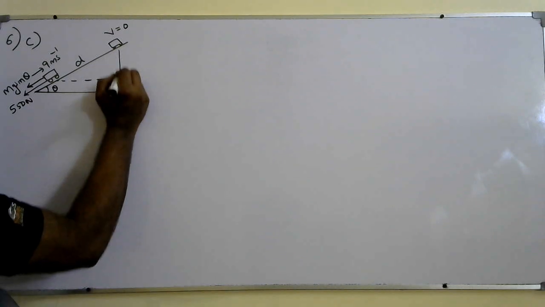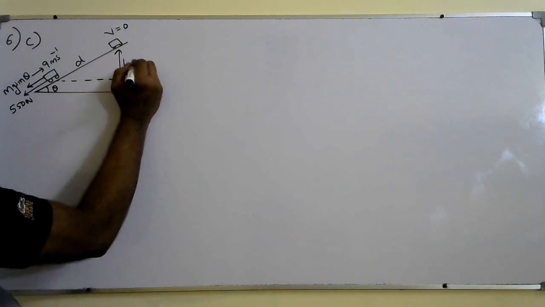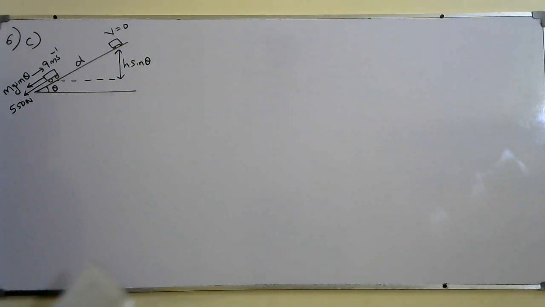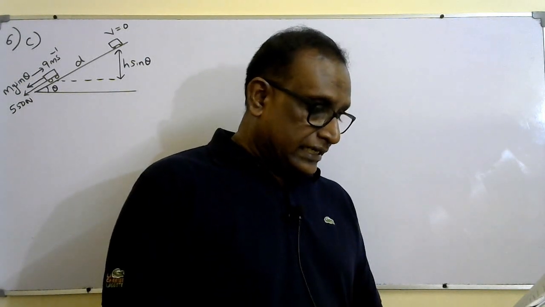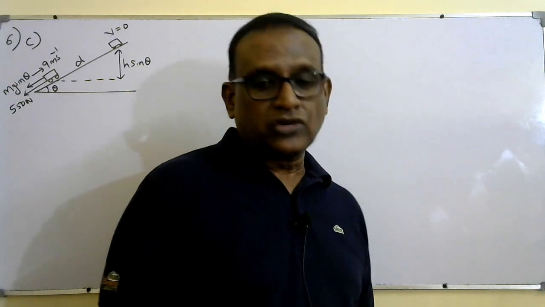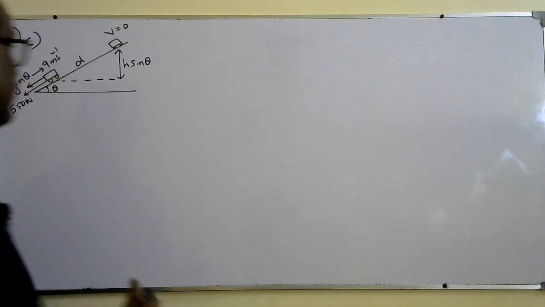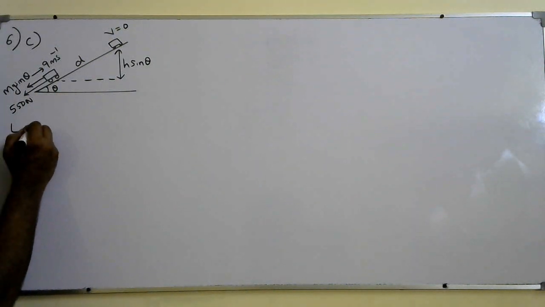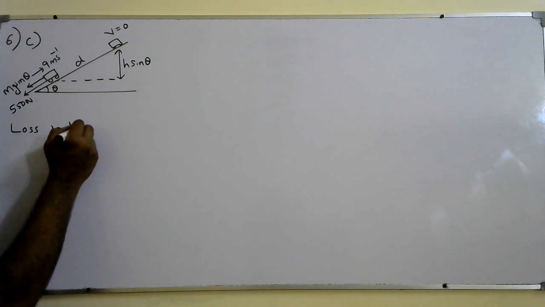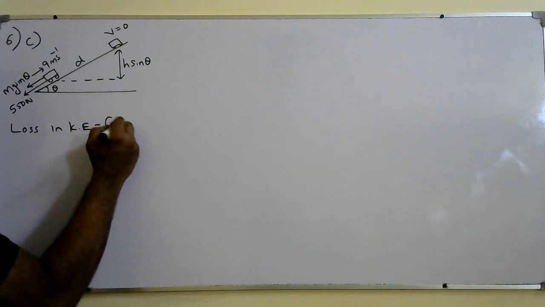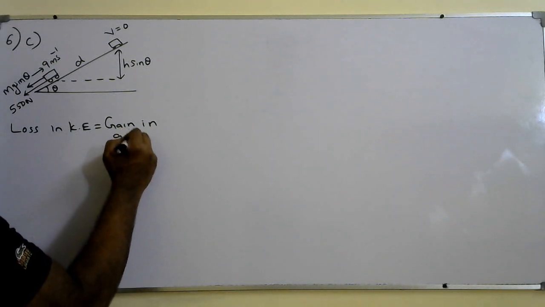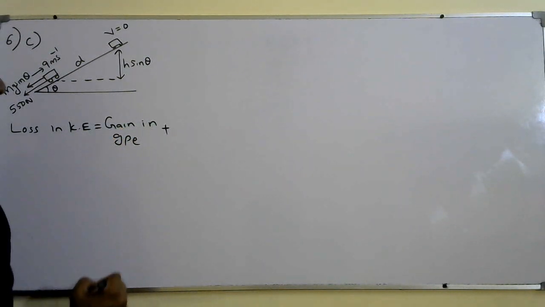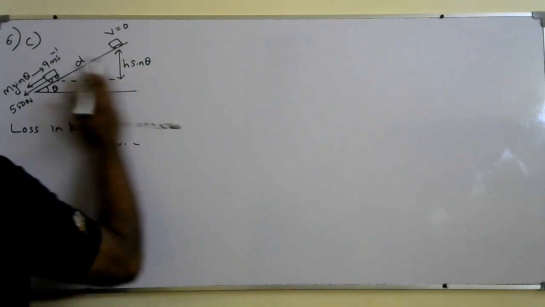The height it moved is d sin theta. The question is to use the work energy principle to find the value of d. Okay, so when it moves, we can write loss in kinetic energy equal to gain in GPE plus work done against friction. I'll write it here.